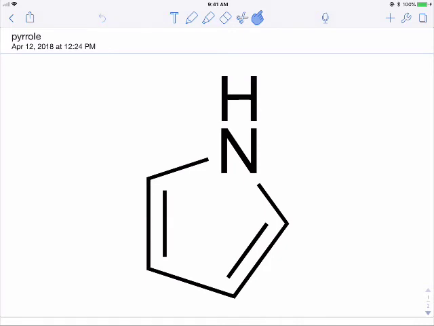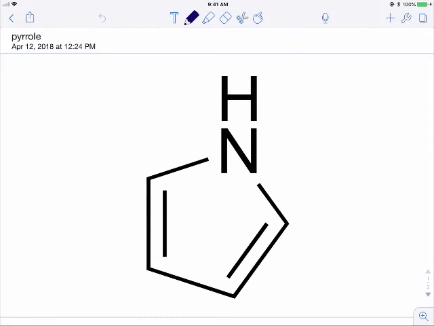Similar structure. And again, we're going to go through a similar process to determine whether this is aromatic, anti-aromatic, or non-aromatic. What did we do before? We looked at each carbon and we tried to determine where the p orbitals were.